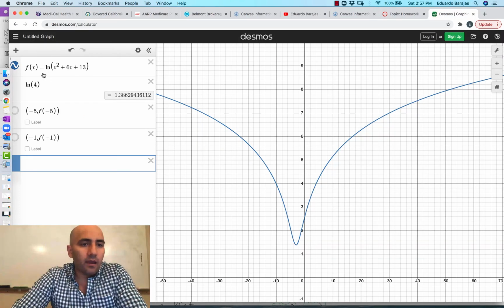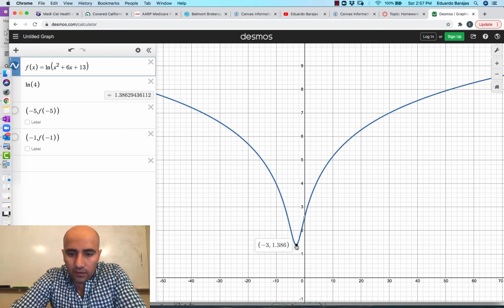Okay, so typing my original function into Desmos gets us this graph right here. And I can see that right here at the point negative 3 comma 1.386, if we do ln of 4, we get this. So this represents ln of 4. So this is the point negative 3 comma ln 4 right here.